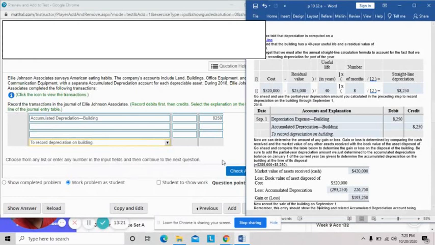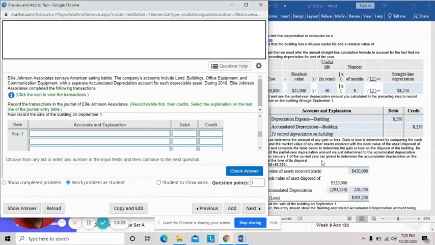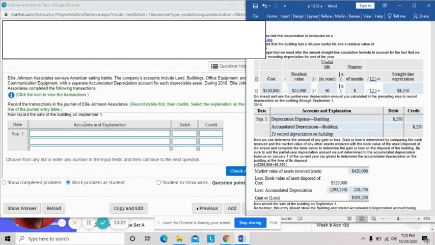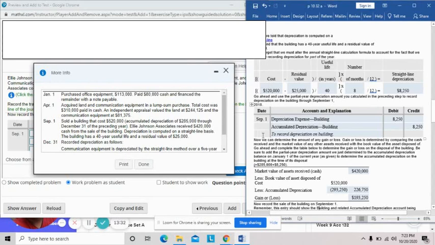So back to my table here. We can look at the transactions just to verify what we need for September 1st. So we sold the building that cost $520,000.